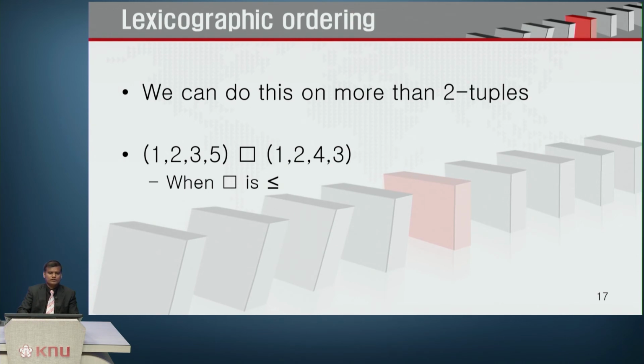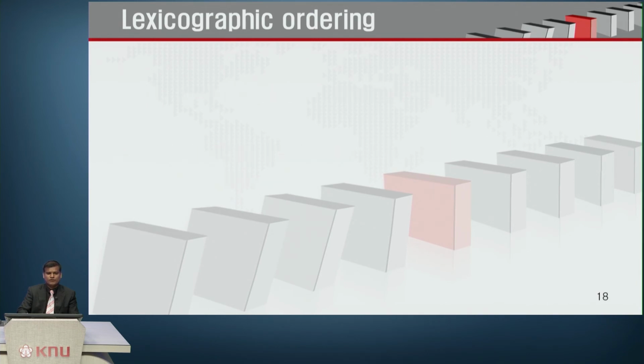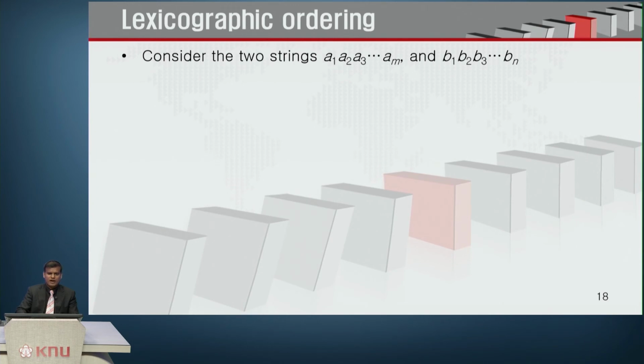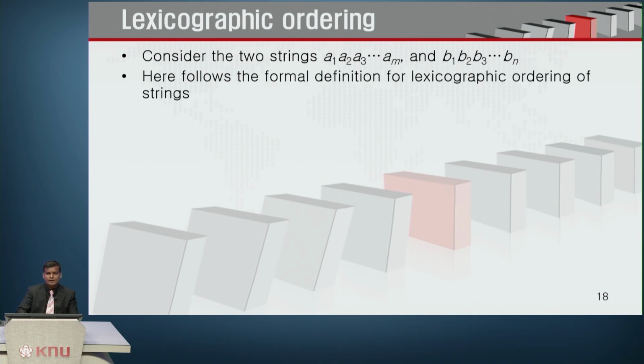So you have (1, 2, 3, 4, 5) and the relation ⊑ is less than or equal to. So here consider the two strings a1, a2, a3 till am, and b1, b2, b3 till bn. Here follows the formal definition of lexicographic ordering of strings.